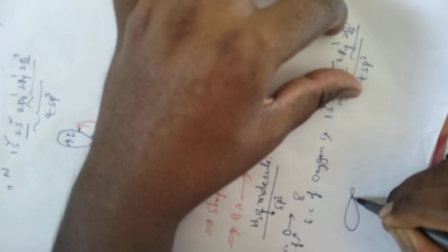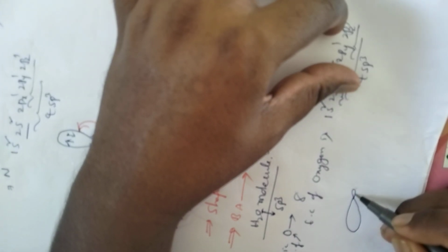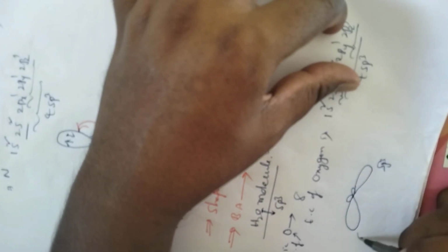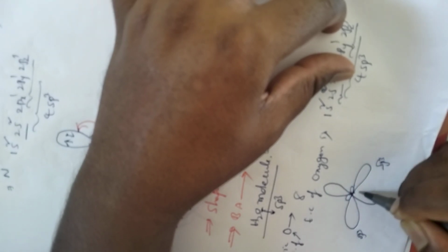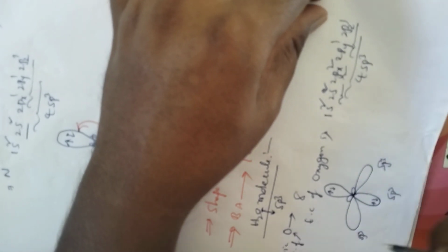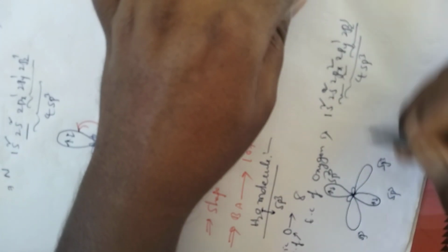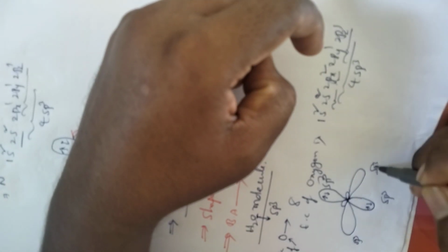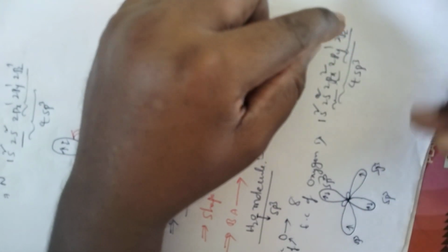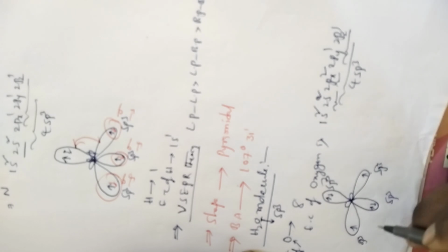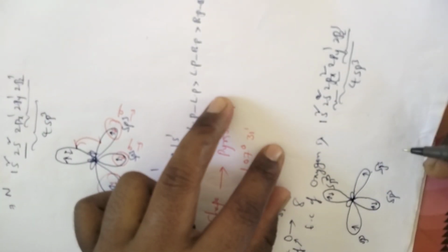Of these 4 sp3 orbitals, 2 are paired, meaning 2 electrons are there, and the remaining 2 sp3 hybridized orbitals have unpaired electrons.